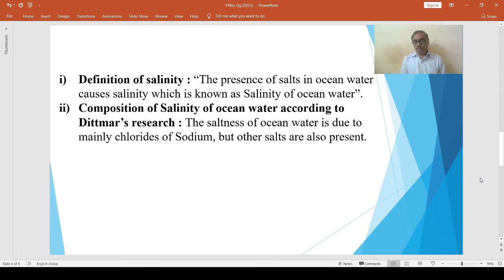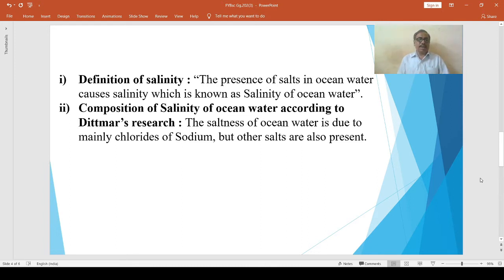Now we have to discuss the definition of salinity. The presence of salts in ocean water causes salinity, which is known as salinity of ocean water.